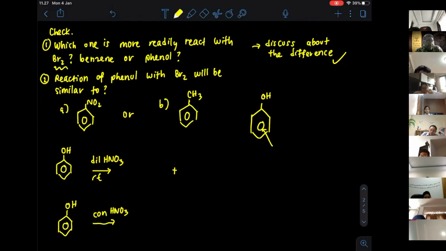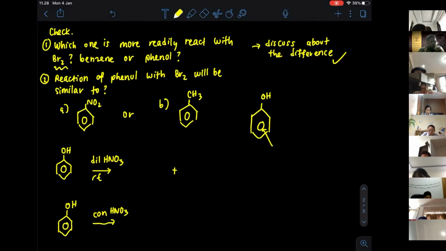Do remember, this is going to be very, very important for phenol: you do not need any halogen carriers, because phenol is more readily reactive. It will just react.